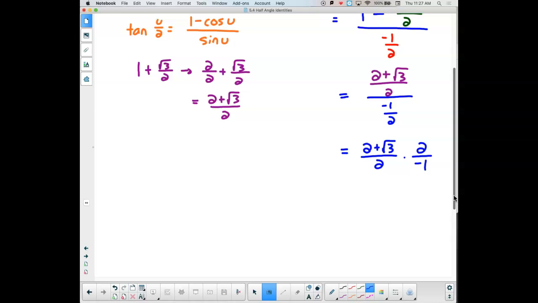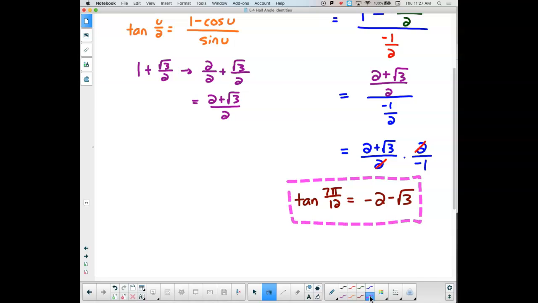The 2's cancel each other out, leaving me with the tangent of 7 pi over 12 is equal to negative 2 minus the square root of 3. Yes, indeedly do.